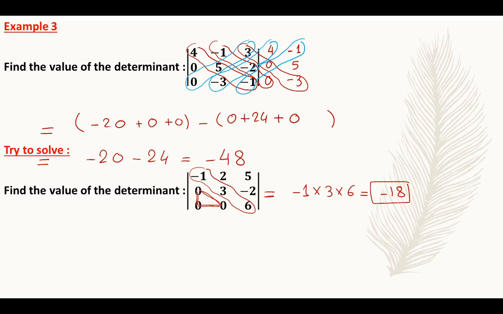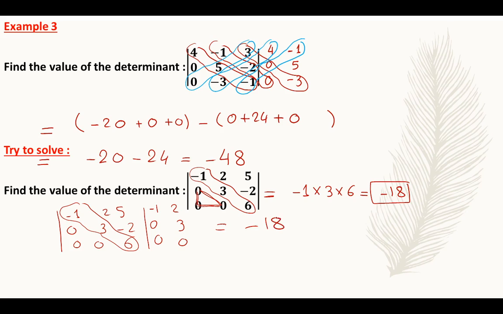Or you can use the other method: negative 1, 2, 5, here 0, 3, negative 2, 0, 0, 6. Write the elements of the first two columns, negative 1, 0, 0, here 2, 3, 0. Okay? Multiply here negative 1 times 3 times 6, this is equal to negative 18.